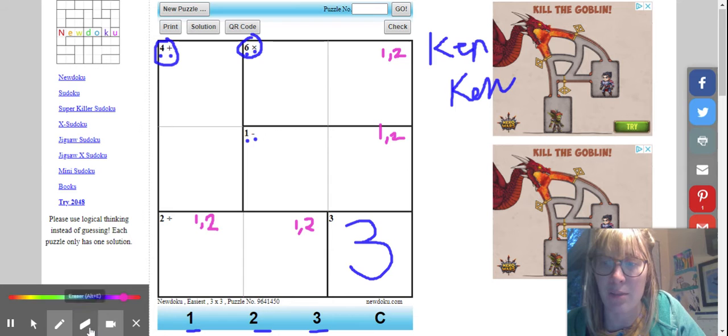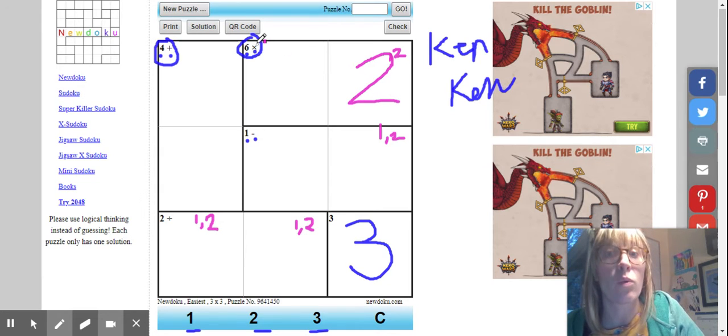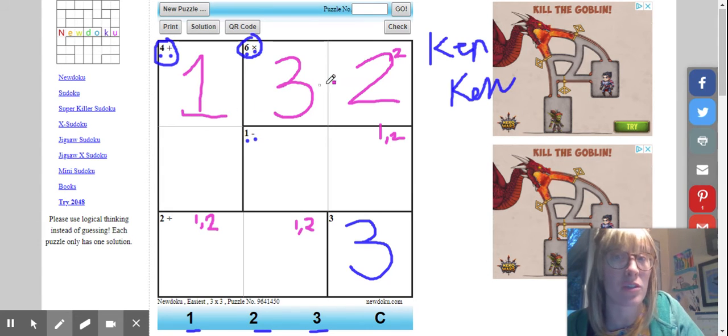So this can't be a 1. It has to be a 2. So if this has to be a 2, well, 2 times what gets 6? Well, it has to be a 3. And then it's like a little snowball. This has to be a 1 because the other two digits have been used. Same here, we used a 2 and a 3, so this has to be a 1.